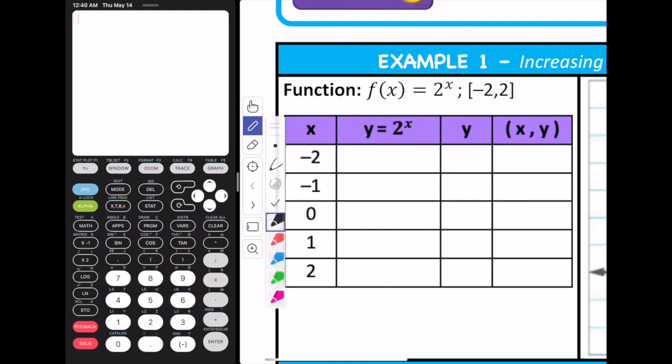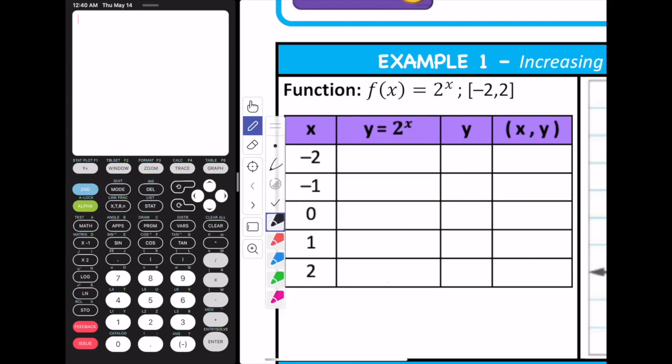So I've put the x values in this table already, and because we know f of x can also be written as y equals, in the table I just put it as y equals 2 to the x power. Now we just need to calculate our y values and then write these as coordinate pairs so it's easier for us to plot them on the coordinate plane.